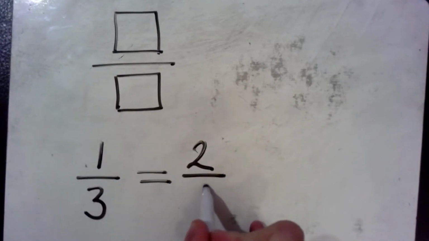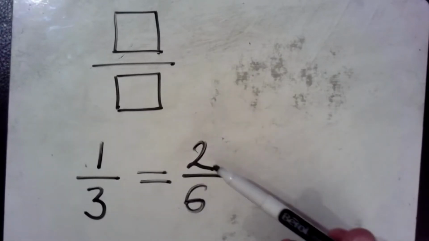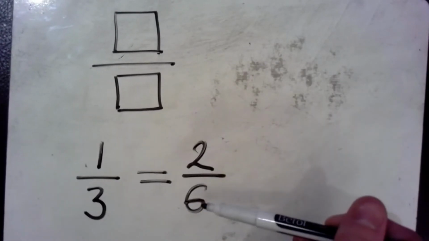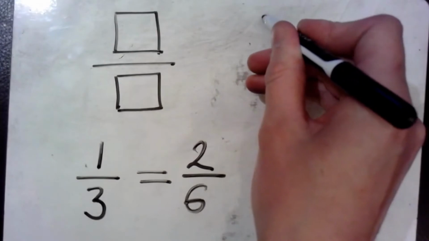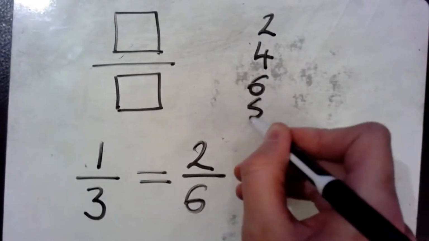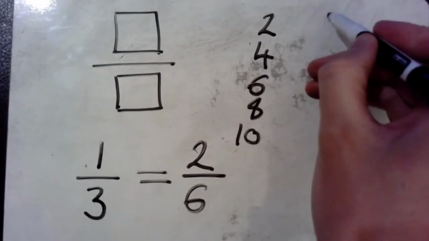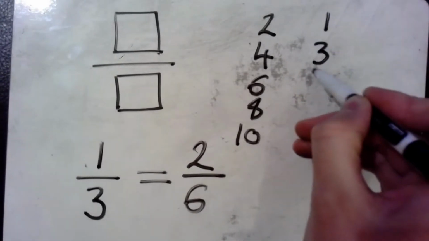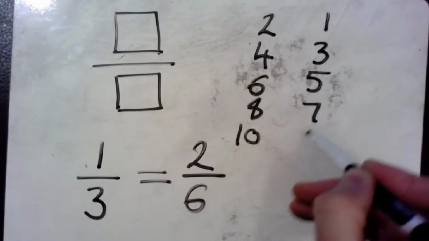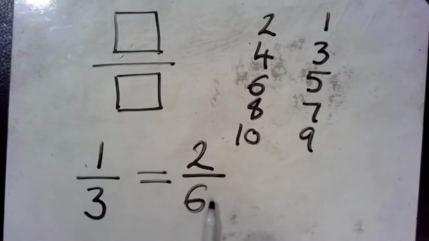So the equivalent fraction has both even numbers. Remember, our even numbers are 2, 4, 6, 8, and 10, and our odd numbers are 1, 3, 5, 7, and 9.